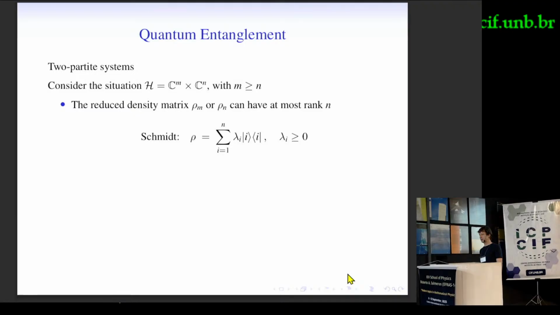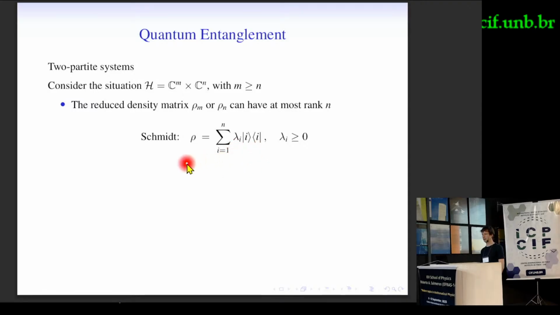So now, how do you do classification in the bipartite case? It's actually quite a simple exercise. You just do a Schmidt decomposition of your reduced density matrix, and you count the number of non-zero coefficients.